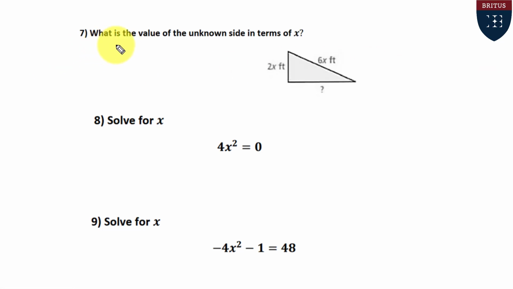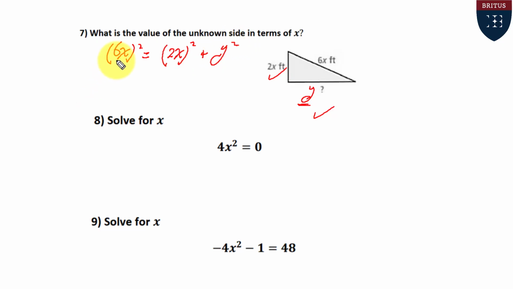Number 7, what's the value of the unknown side? Let the unknown side equal y and apply the rule. The longest side is 6x, so we get (6x) squared is equal to the sum of the two squares, (2x) squared plus y squared.